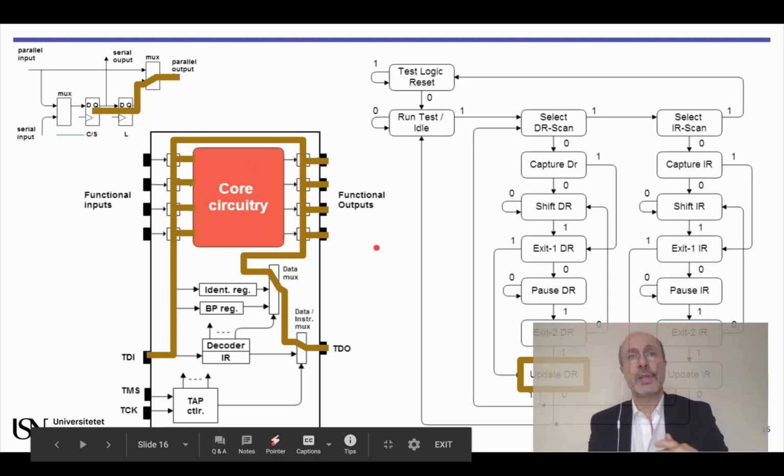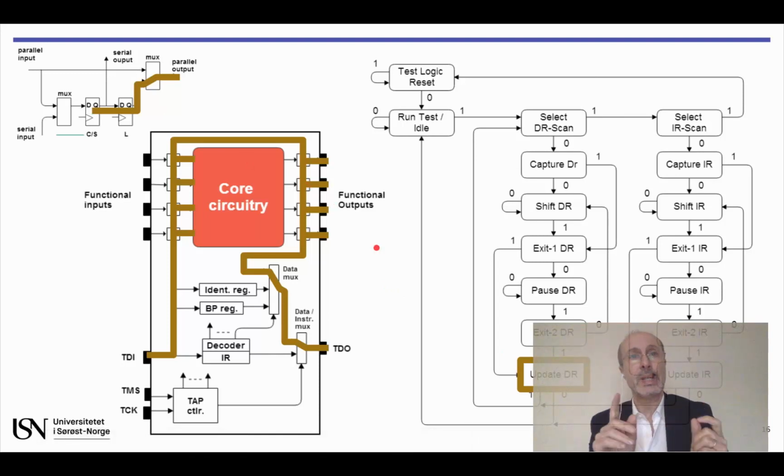Most of the test events happen at the rising edge of the test clock, but the outputs of the cells, be it the instruction register or the boundary scan register, will be updated at the falling edge of the test clock in the update state.